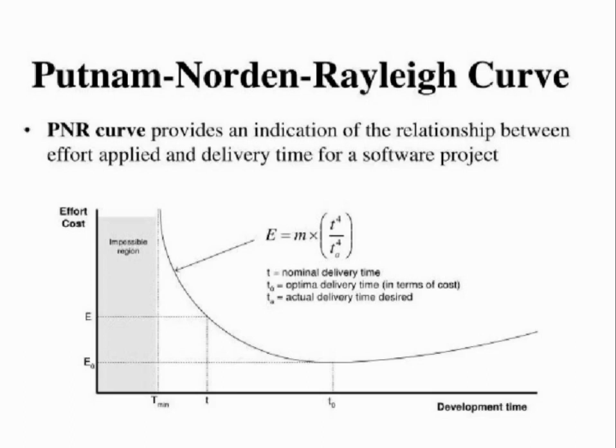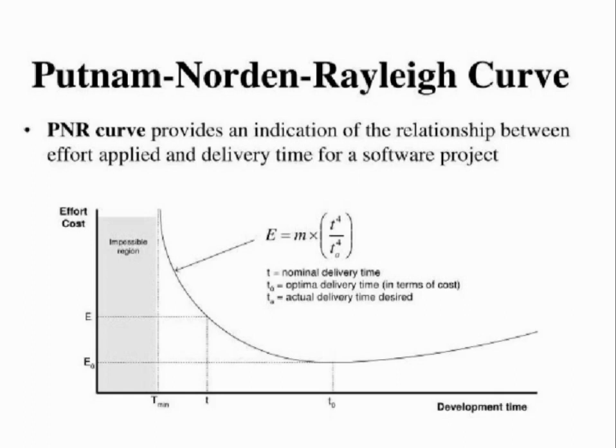As we move left of T0, the curve rises non-linearly, and there is an impossible region, which says that this project cannot be finished within that impossible region till T-min. T-min is the minimum time required.